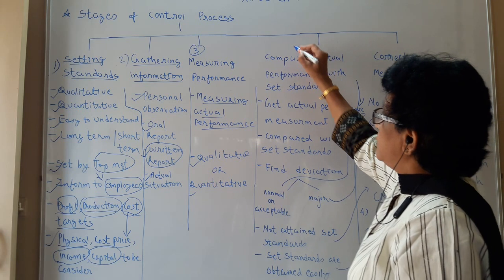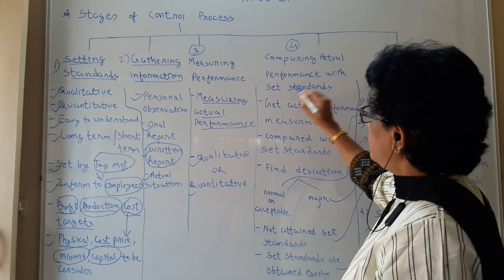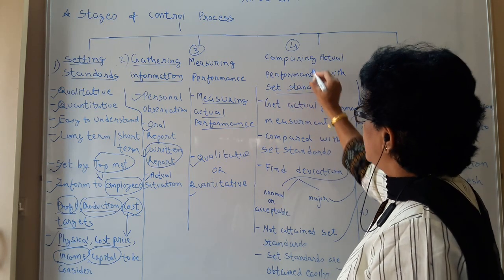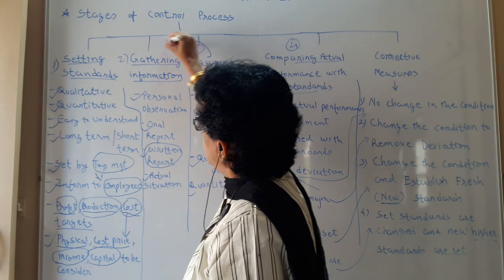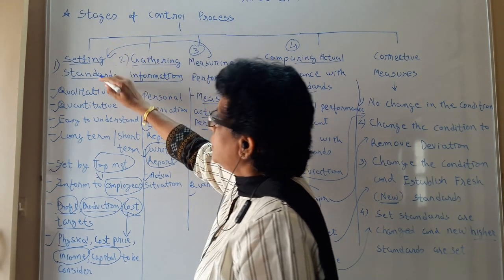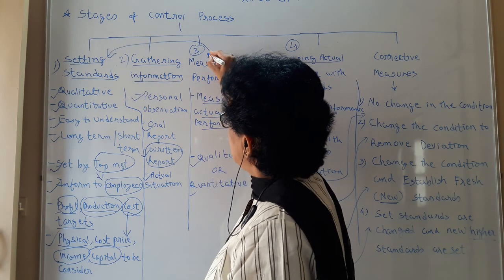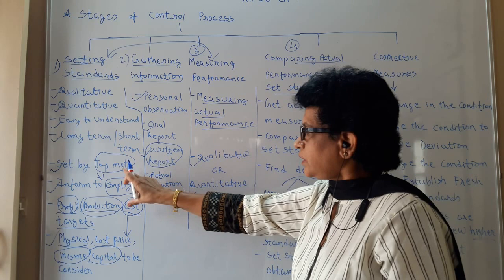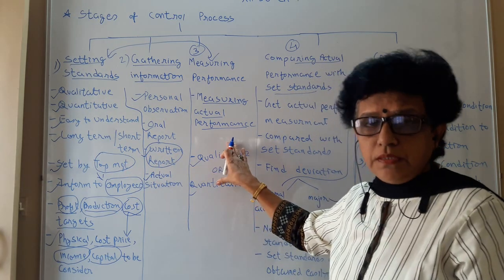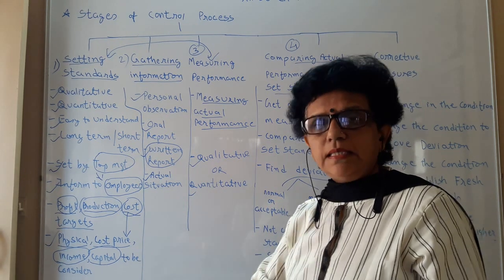After measurement, the fourth step is comparison of actual performance with the set standard. Now you have number 3, actual performance, and you have number 1, the standard. Compare this with this. You come to know the deviation, the difference between what you were looking for and what the result is.